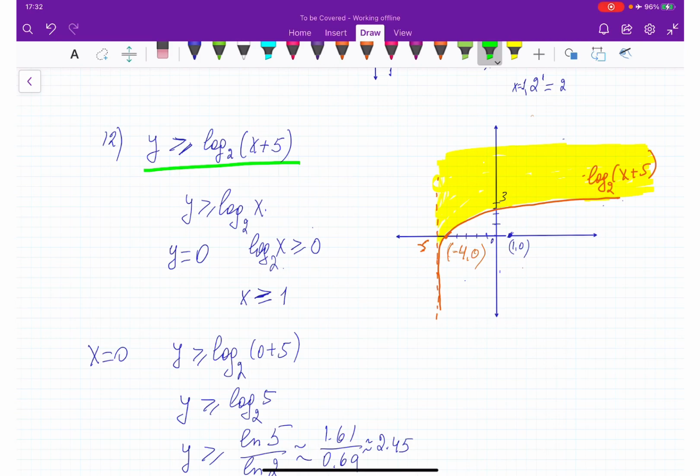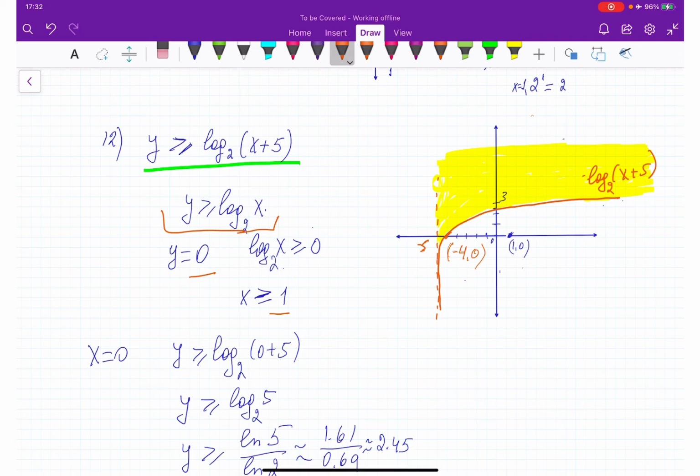So before we build logarithm of x plus 5 by base 2, first of all, we need to build y greater or equal to log x by base 2. And one thing we know is that all logarithmic functions go through x equals 1 and y equals 0. Why?